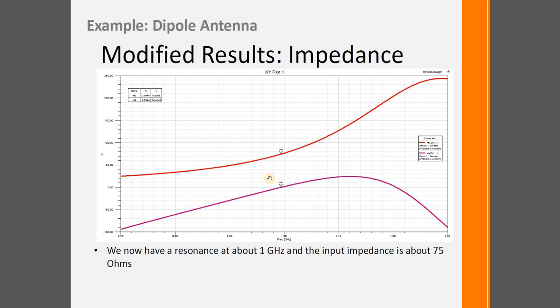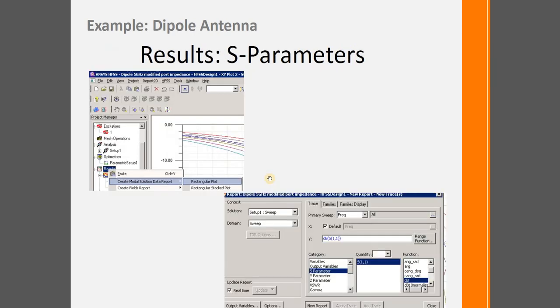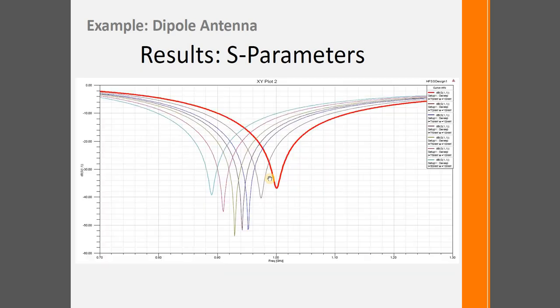This S11 is defined for 50 ohm, and because we want to see its match for 75 ohm or not, we define the 75 ohm impedance for our lumped port excitation. And again, as you can see, it's at 1 gigahertz for the excitation of 75 ohm.